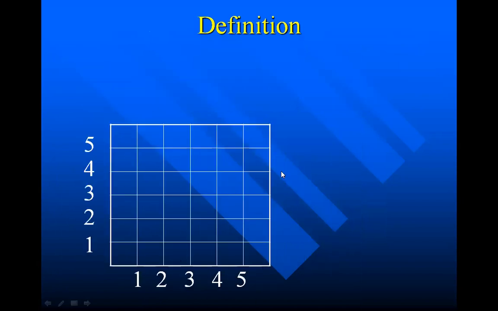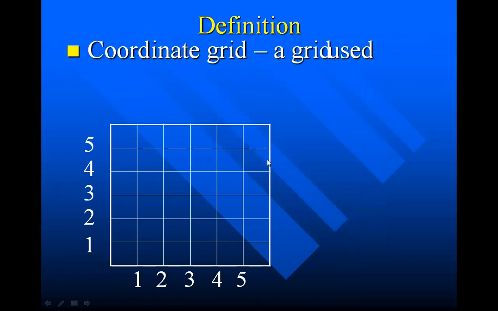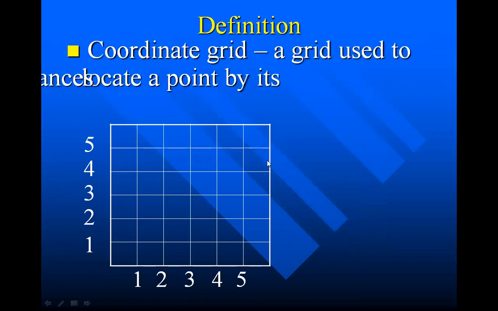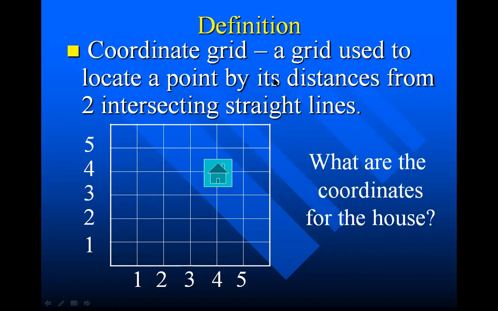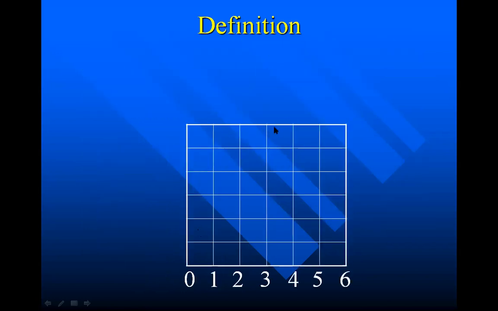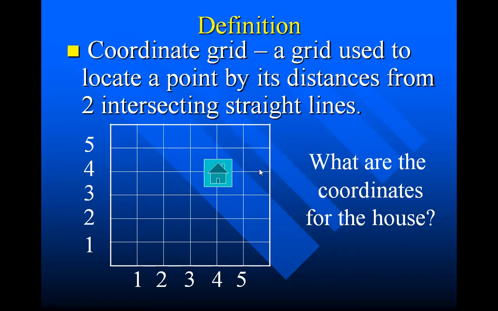In the grid, we have to know the x-axis and y-axis. A coordinate grid is a grid used to locate a point. If I ask you what the use of a grid is, many times it is used to locate a point by its distance from two intersecting straight lines.